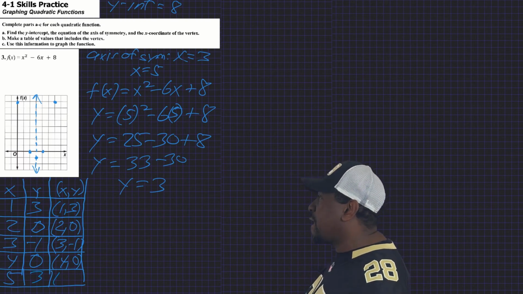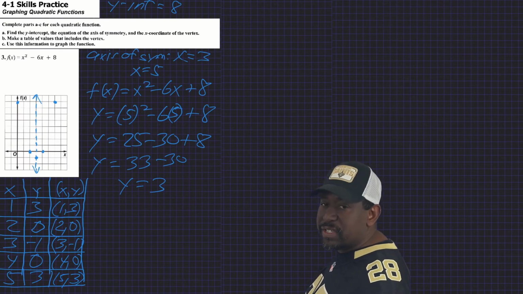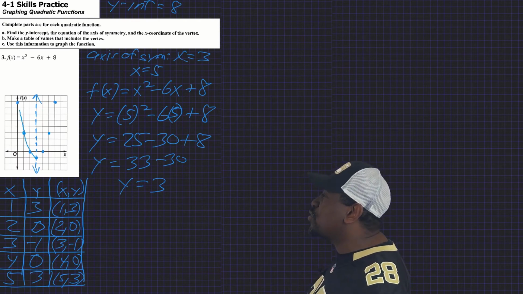(1, 3), because we know that 1 has to have the same value of y as 5 does, as we said, because it's symmetrical. So now we will plot those last 2 points on our board as it is appearing now. And we will connect those points and create our parabola, which is happening right now. Here we go.